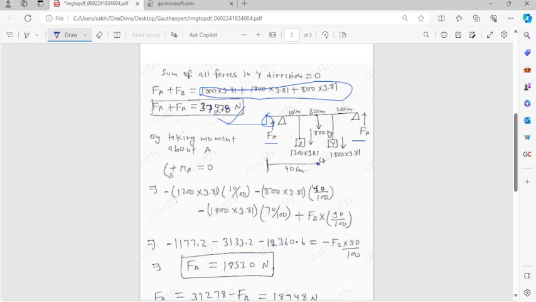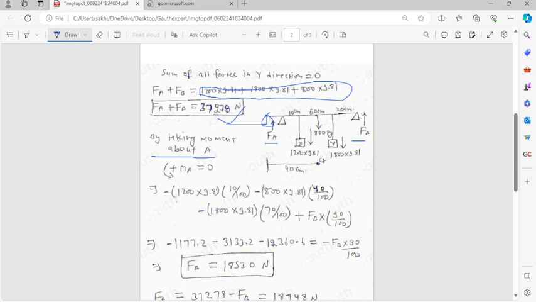Another thing we can do is take the moment. You can take the moment about B, or about the center of the beam, or anywhere. It will give the same result, right?